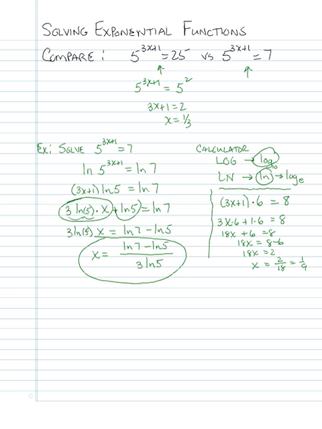Now, we'll probably be asked in our problems to not only give the exact answer, but now we're going to approximate and round to 3 decimal places, which would be thousandths.